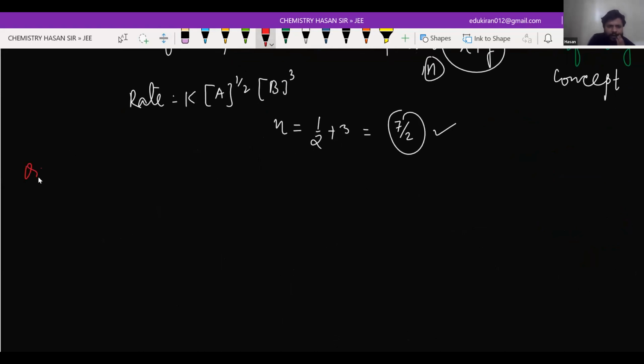Okay. Tell me the order of reaction. If the rate expression I'm going to give you is A raised to the power 1, B raised to the power 2.